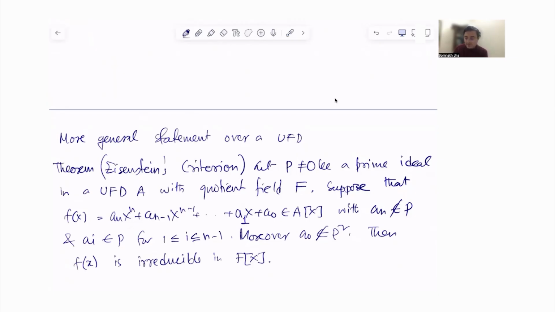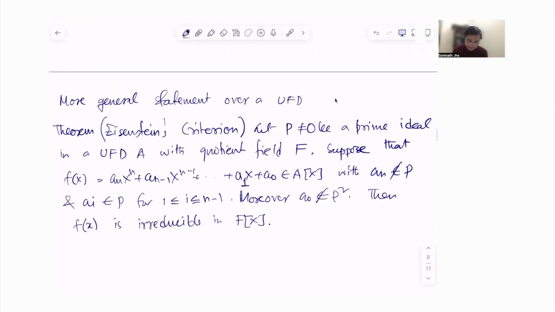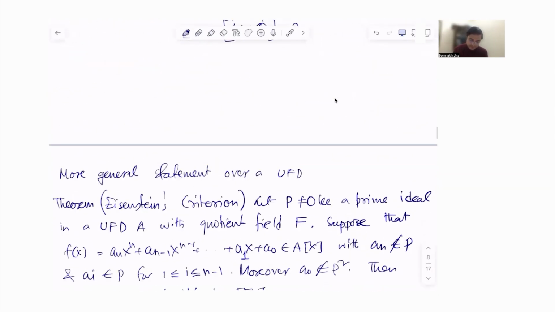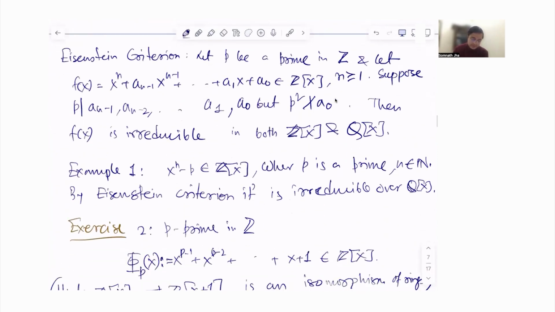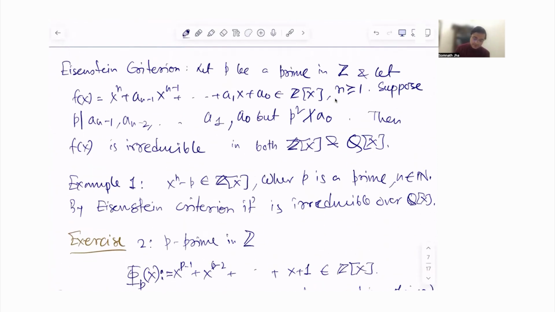It need not be monic, but a_n doesn't belong to the ideal P, and all other coefficients belong to P. However, a_0 doesn't belong to P squared. Then f(x) is irreducible over the quotient field, F[x]. So this is the more general version. Let me give a proof of this version, version 1, as I call it.